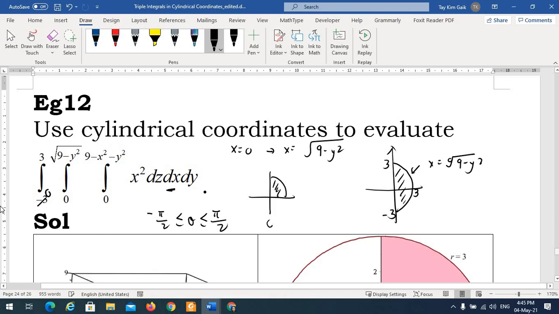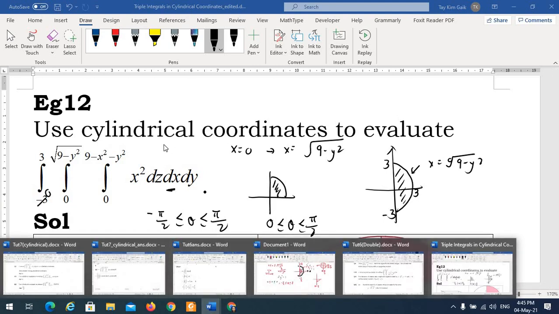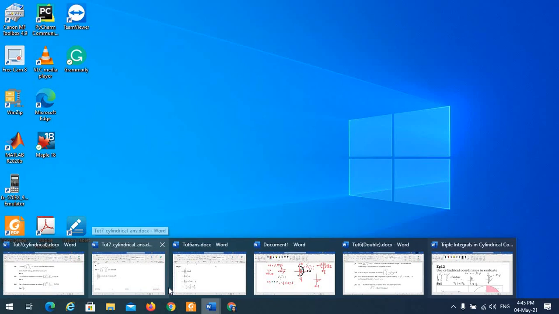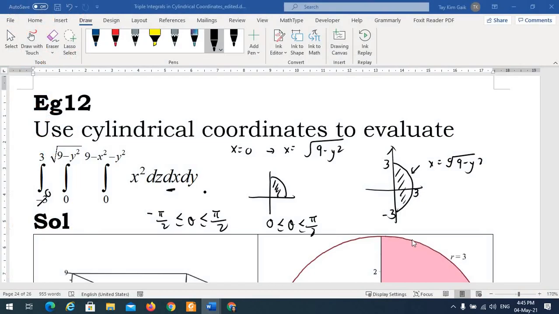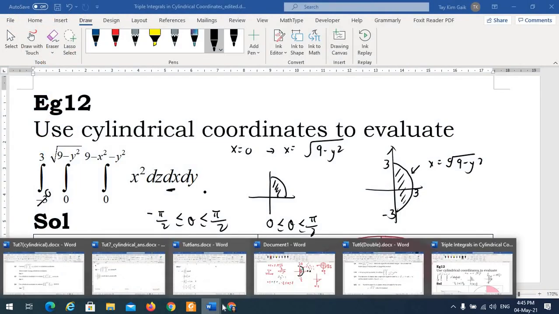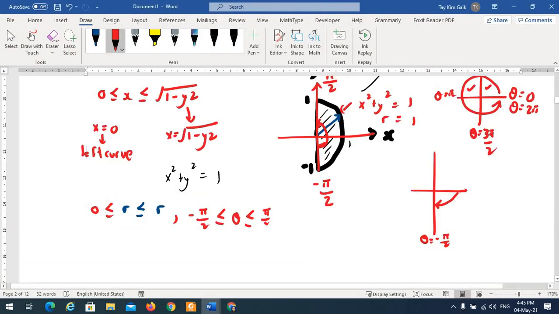So in this case, your theta is 0 up to pi over 2. So dx dy or dy dx will affect the theta. I hope you understand this one. You can look back at the notes on cylindrical coordinates from the author. And now we're going to solve this one.